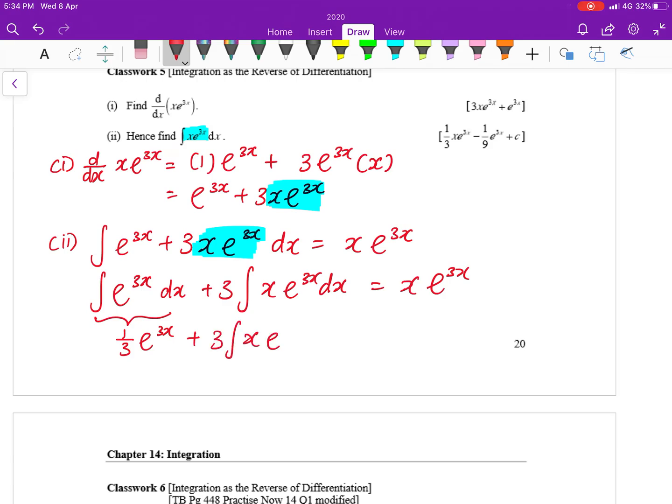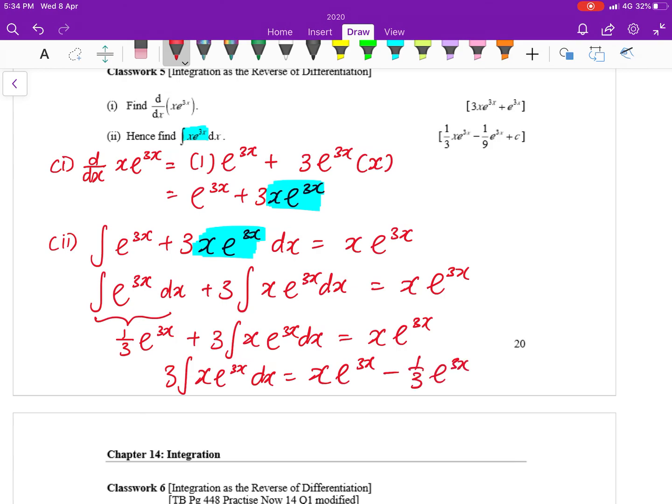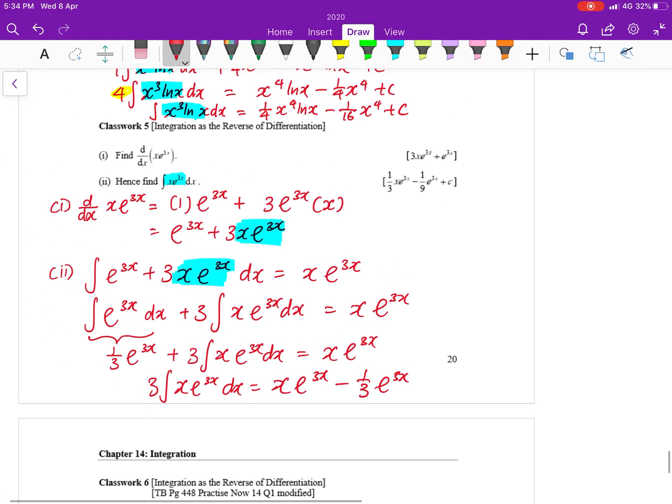So plus 3 integrate x e3x dx equals to x e3x. Now this I will bring over to the other side. So 3 integrate x e3x dx equals to x e3x minus 1/3 e3x.